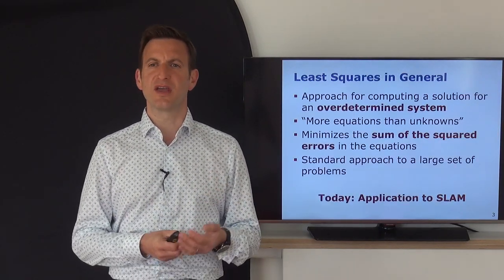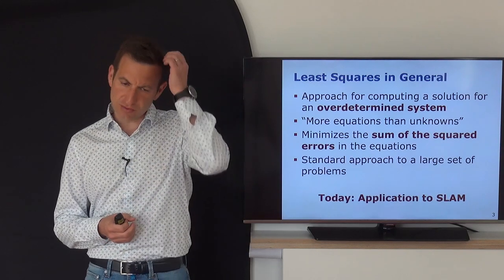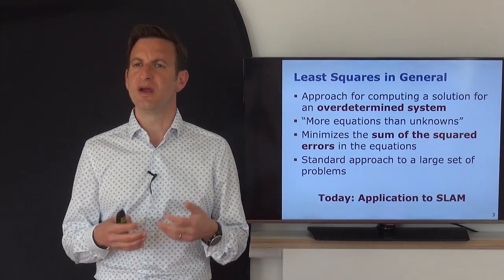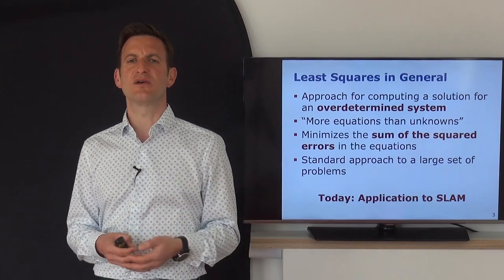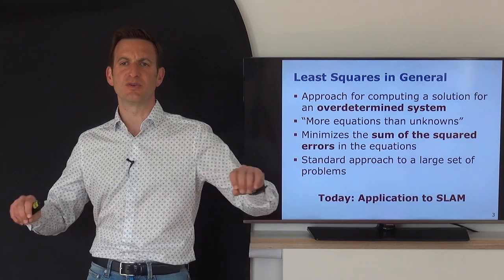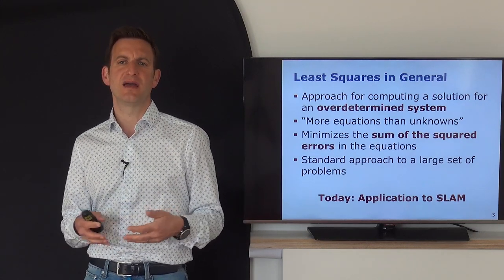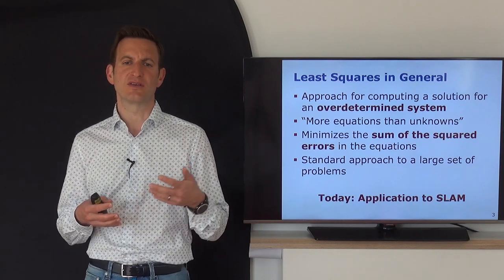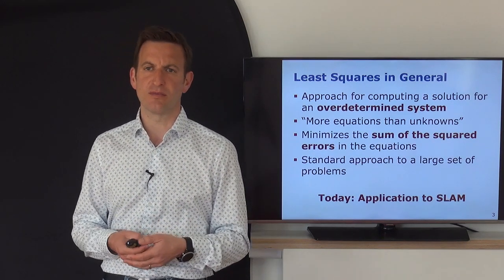So least squares, again, was an approach for computing a solution of an overdetermined system. Overdetermined means here that we have more equations than unknowns. Unknowns, in our example, are our parameters, where the robot is in the environment, which will generate us this pose graph. And the equations stem from our constraints, and constraints can result from observations or from control commands.